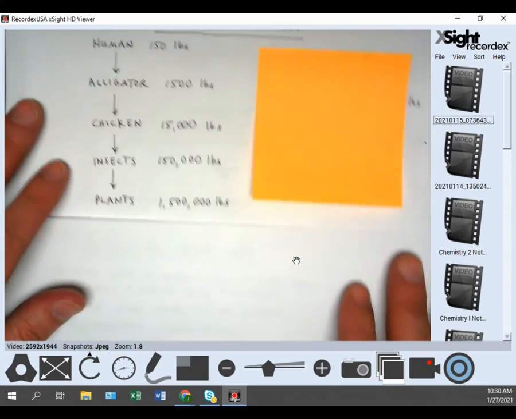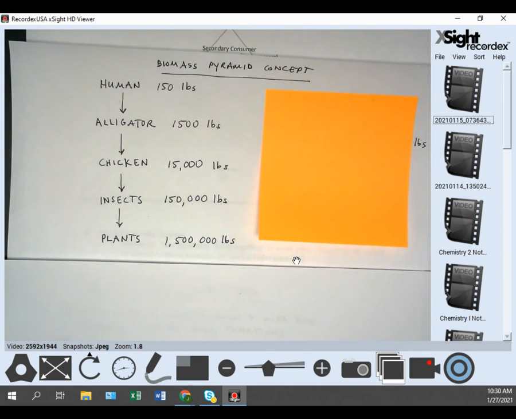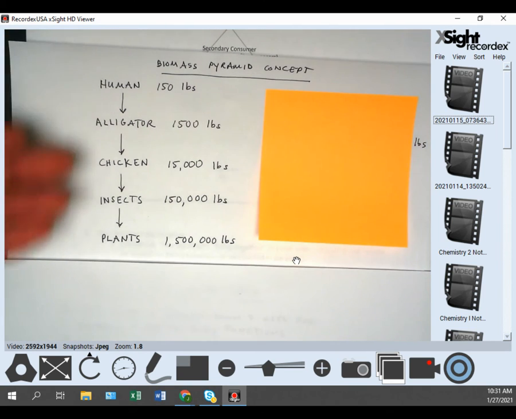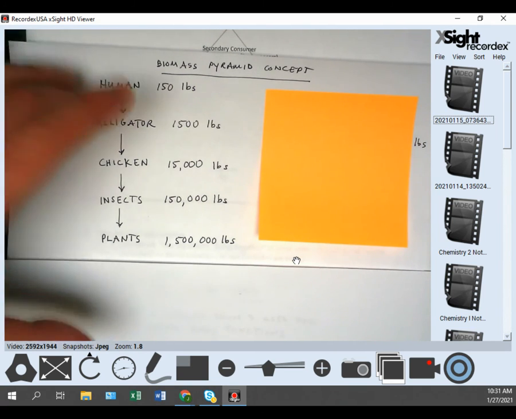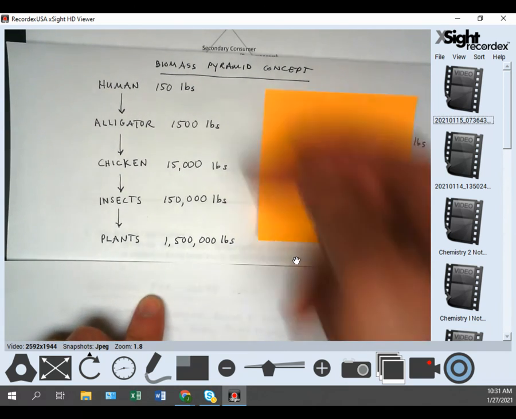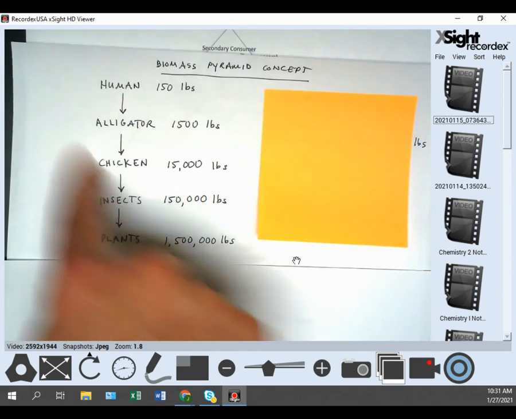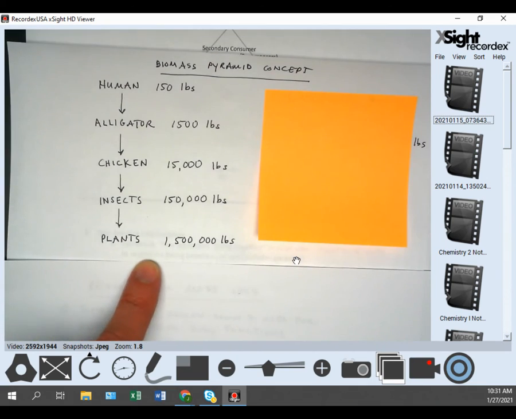Now the second thing, especially when we're talking about us as humans, is what it takes to sustain us. If all we ate was something like alligator, it's going to take all of this just to get enough up here to sustain us, right?